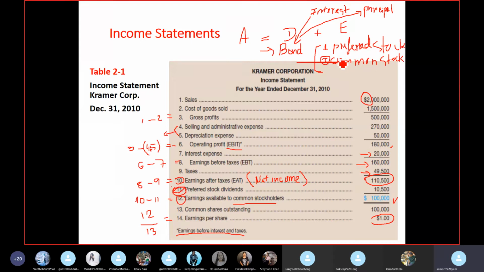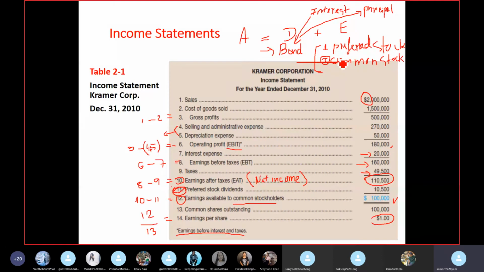But when we talk about stock, preferred stock or common stock, the people who hold it are shareholders. The benefit they get from the company is dividend, not interest. But if the company makes no profit, they get zero, no benefit, because what they get is the dividend.